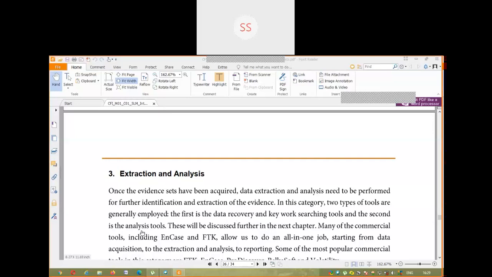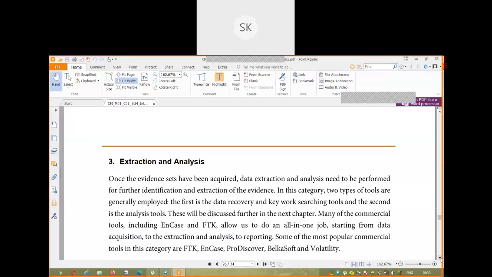Yes, sir. Some of the commercial tools, again, are EnCase and FTK, which allow us to do everything in one job. This tool FTK is used for all purposes. It has all the capacity: acquisition, extraction, everything.